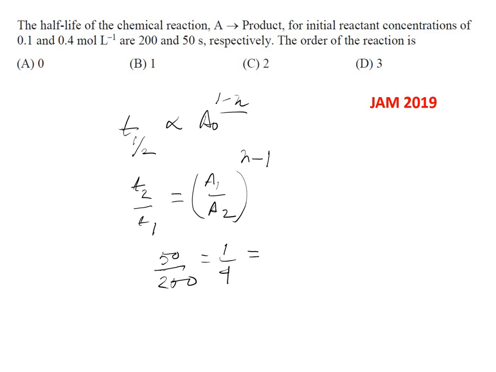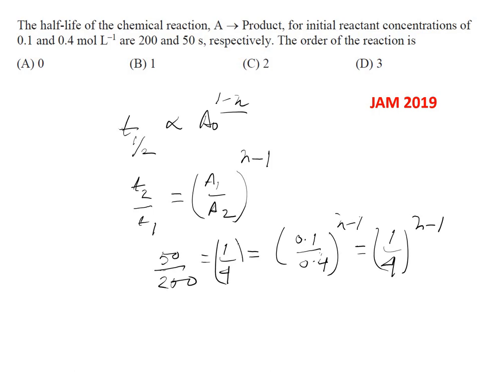And here [A]1 by [A]2 is 0.1 by 0.4, that means 1 by 4, to the power n minus 1. So 1 by 4 to the power 1 is equal to 1 by 4 to the power n minus 1. That implies that 1 is n minus 1, so n equals 2. So the answer is n equal to 2.